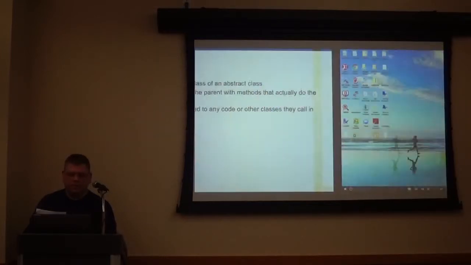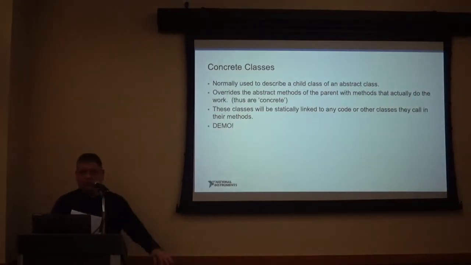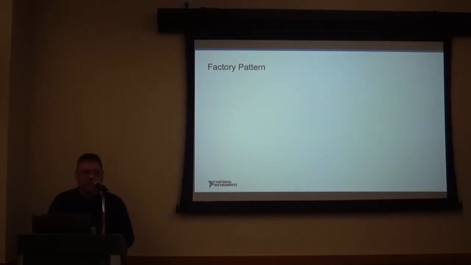Okay. I know some of this may be really basic for some people, but for those of you that are not familiar with OO, it's kind of helpful to see the nuts and bolts of it a little bit. Okay, the next thing I want to talk about is what the factory pattern is. This is one of the most common design patterns that I've come across in OO. It seems like everything I write has some kind of a factory pattern somewhere in it.